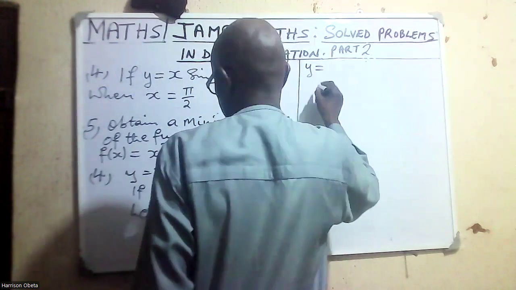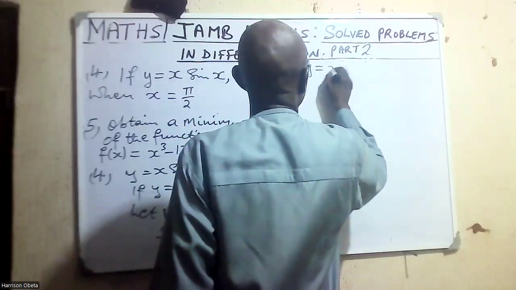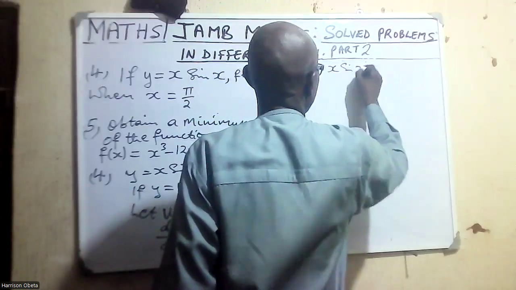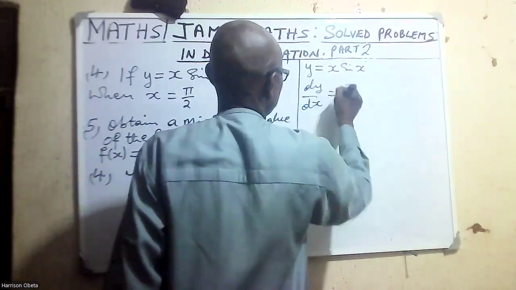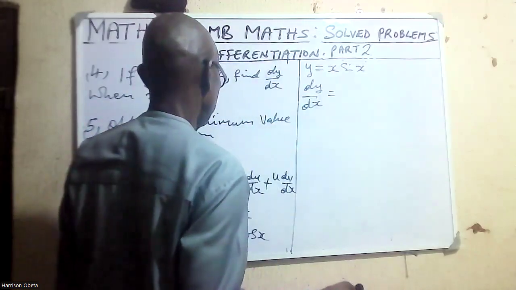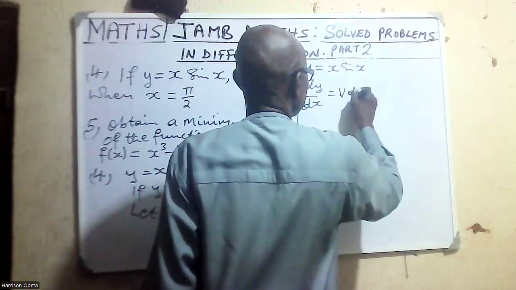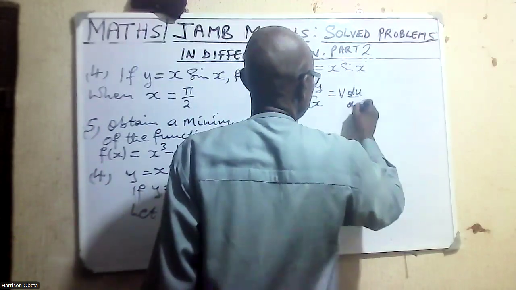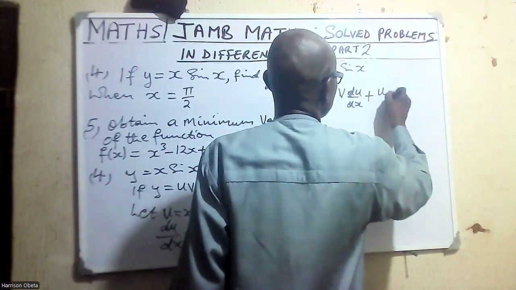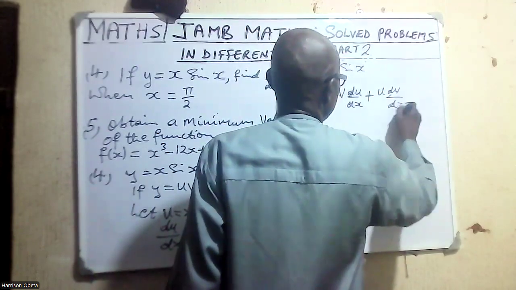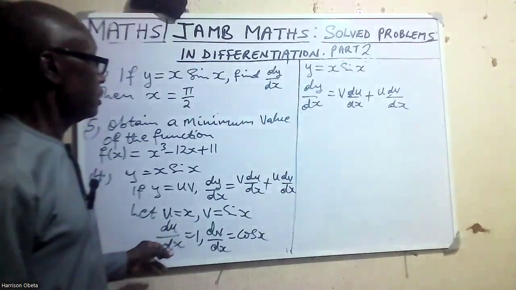y equal to x sine x. So dy/dx now, which we know as v du/dx plus u dv/dx. We substitute the values there. Coming back here, we check.